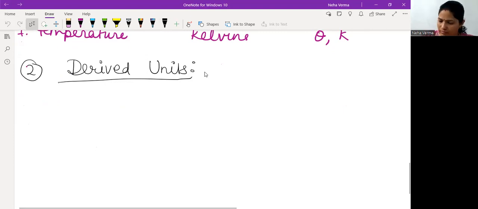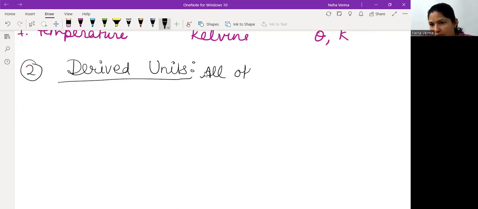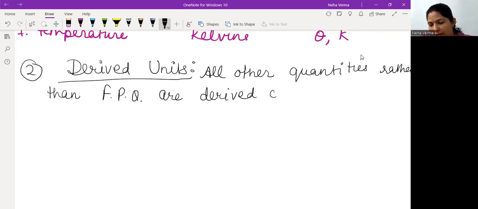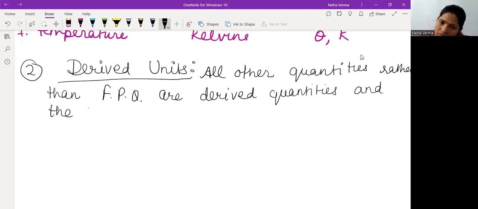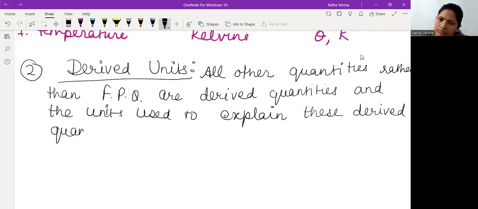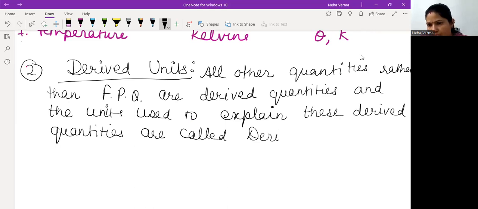That is, all quantities other than fundamental physical quantities are called derived quantities, and the units used to explain these derived quantities are called derived units.